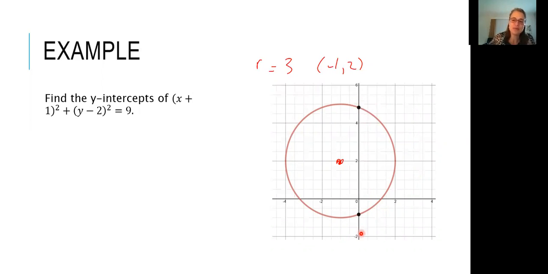The way that we find those is by setting x equal to 0, because at every point on the y-axis, the x-coordinate is 0. So we'll take this equation here, set x equal to 0, and solve it. That will give us 2 solutions. Try this. Go ahead and try that on your own. Pause the video here. When you think you've got it, or when you're stuck, whichever one comes first, restart the video and go on to the next slide, which I'm going to show you now.